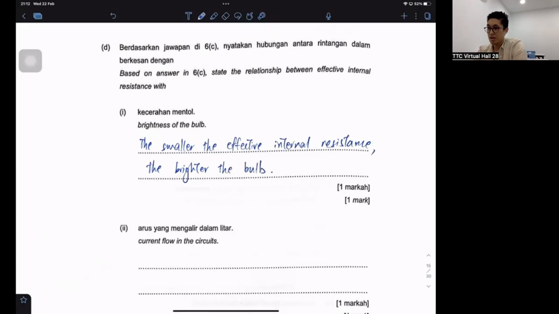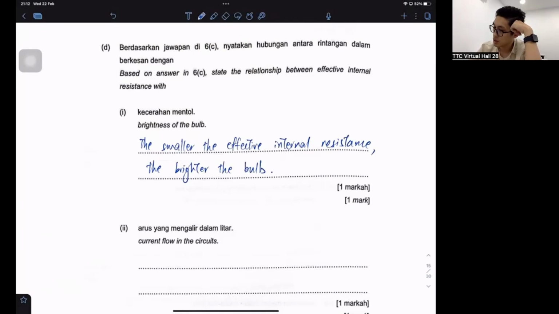And what is the relationship between the effective internal resistance and the current flow? Current flow and the resistance, of course, will be the other way around also. More resistance, lesser current flow. Less resistance, more current flow. That's the whole meaning of resistance.